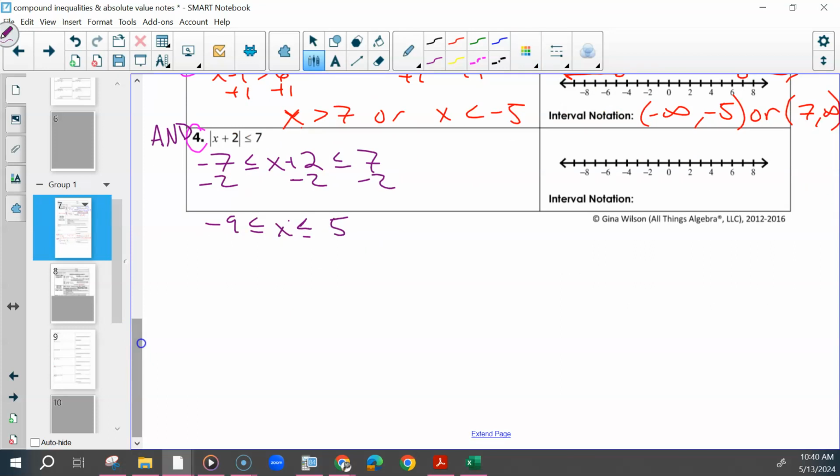So that way, once x is isolated, I can just graph this. I don't have to worry about the overlapping pieces and look at -9 to 5. So those would both be closed with a line connecting them. Both be square brackets.